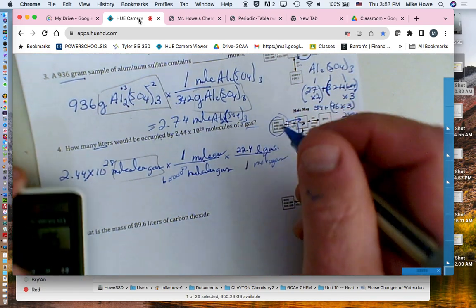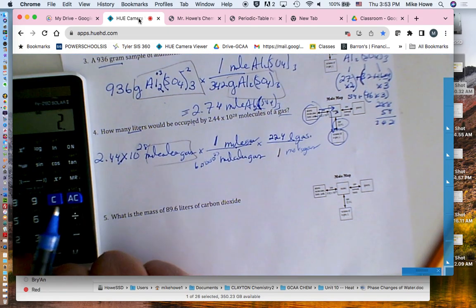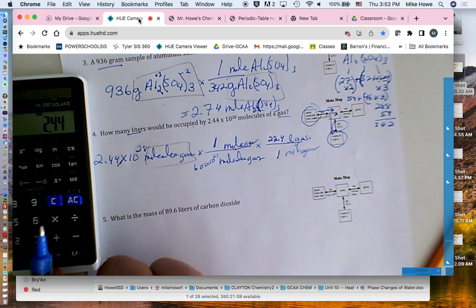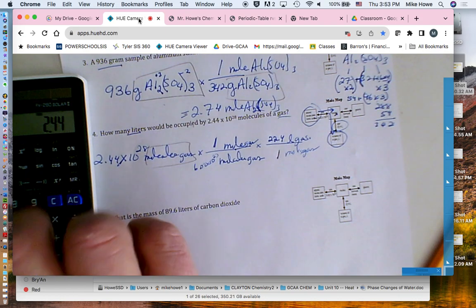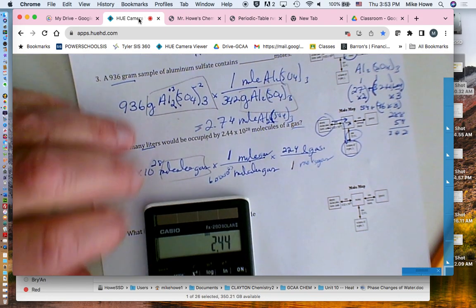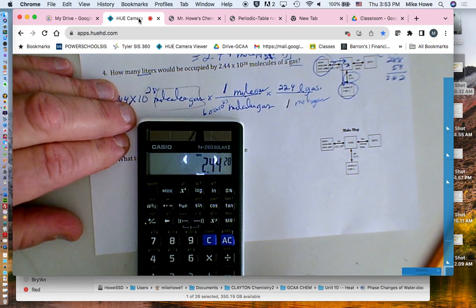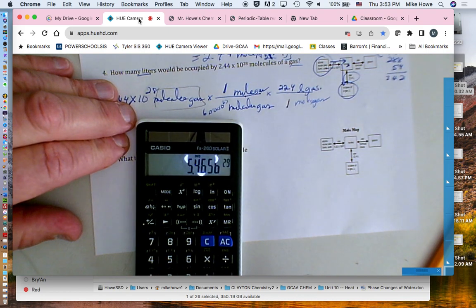So now we're going to do the math. You're going to have 2.44. Do I press n times 10? No. You're going to use the EE key again. So go down to the EE key, and that little number is going to pop up, and that'll be 28. You're going to multiply that number by 22.4.